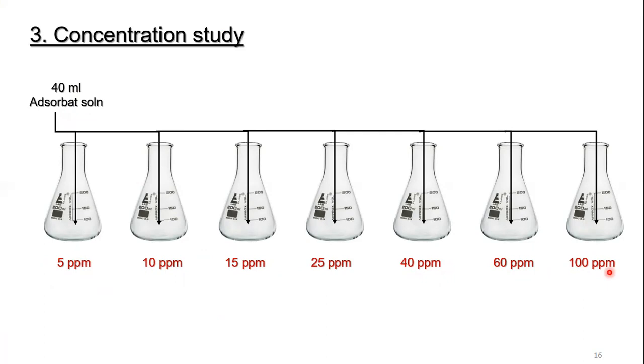If you go with me slowly and gradually, stepwise, then you will face no problems in understanding these points. First, take the flask, and then put in 40 ml of your solution, and that solution must be 5 ppm, 10 ppm, 15 ppm up to 100 ppm.